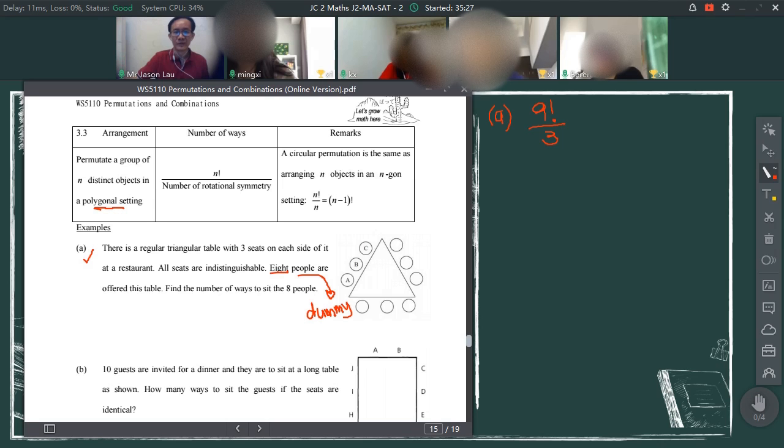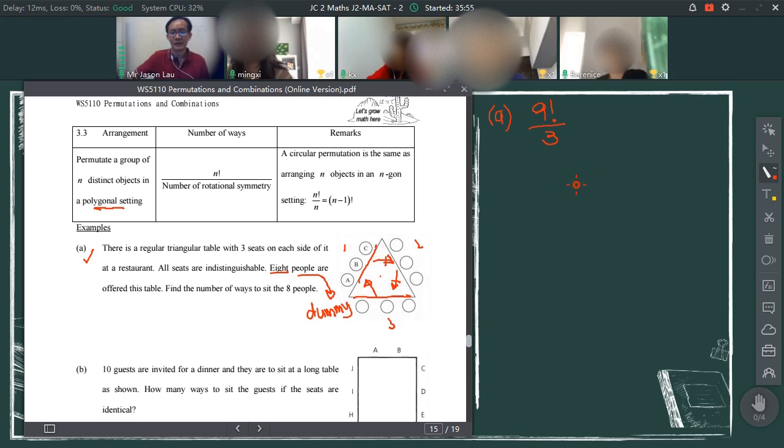How do you find the rotational symmetry? It is how many times you rotate to get back to the same position. You rotate from the center, so this side moves to here, then here, then here. So you move 3 times to get back.